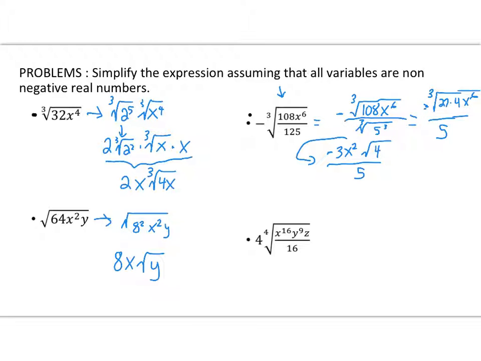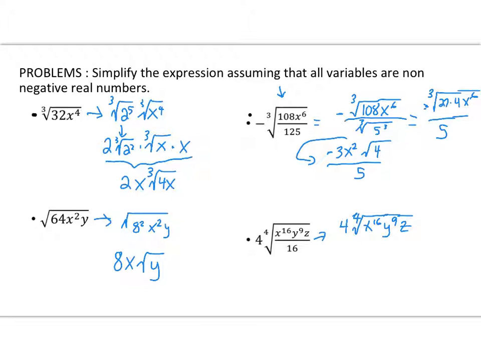The last problem, again, I'm going to change it to a fraction. So I have 4 on the top, and then I have the 4th root of x raised to the 16th power, y to the 9th power, and z.